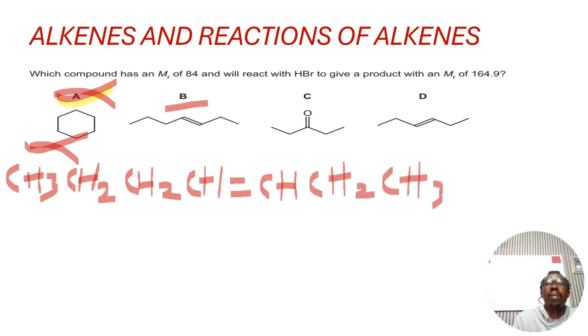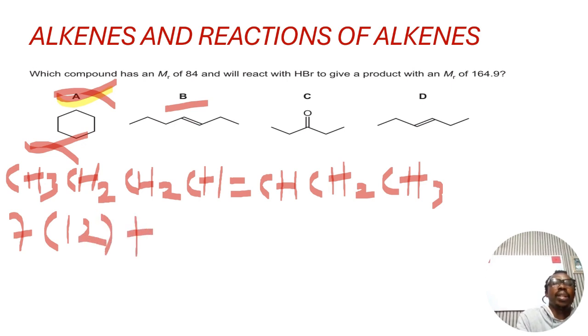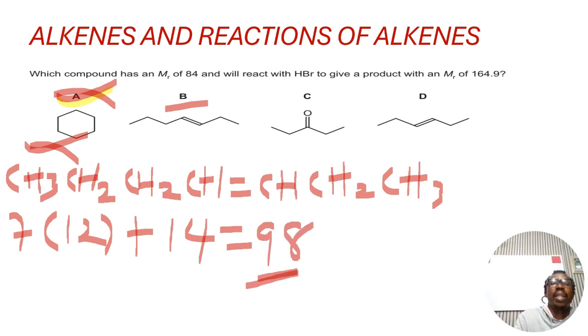So let me calculate the molar mass. 1, 2, 3, 4, 5, 6, 7. So 7 carbon atoms, carbon is 12, 7 times 12, plus hydrogen: 3 plus 2, 5, plus 2, 7, 8, 9, 9 plus 2, 11, plus 14. So you get what? 98. So B is not the answer. The molar mass of B is 98, not 84. So B is out of it.